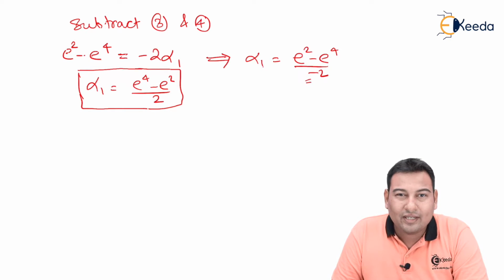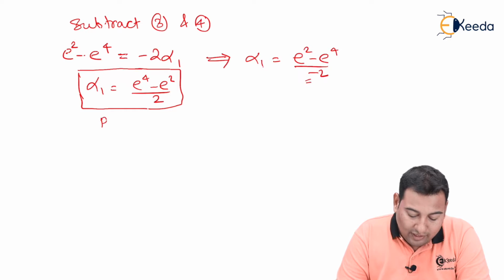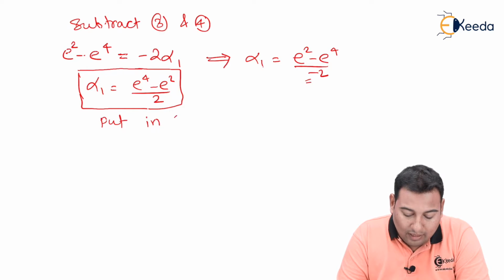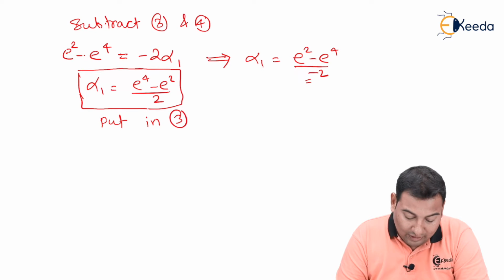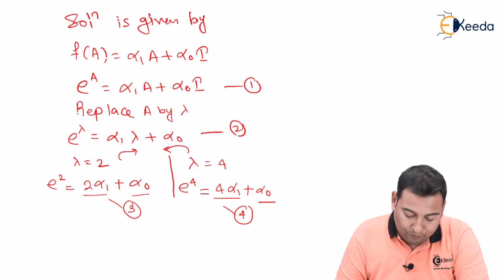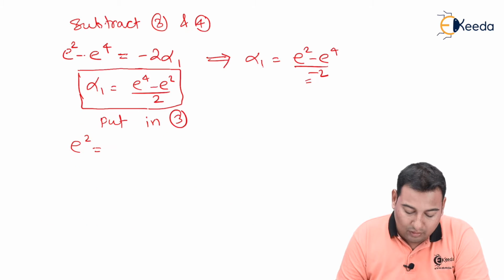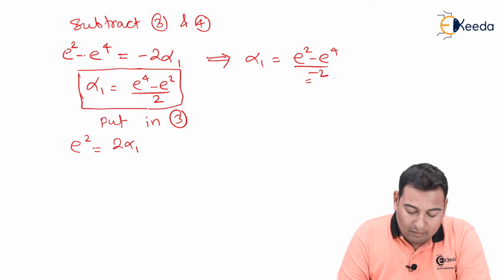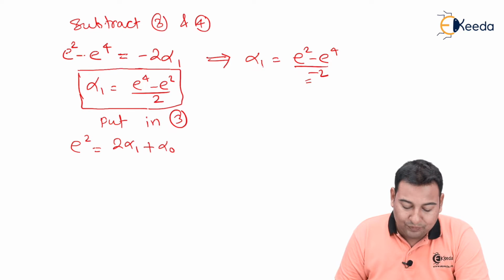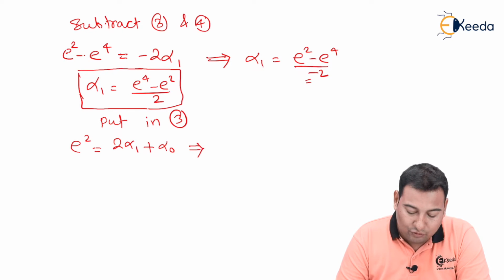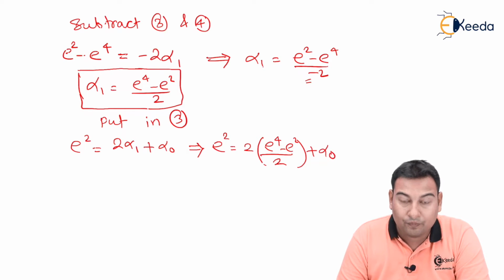Now I need to get alpha 0. So I can put in equation number 3 or 4. I am choosing equation number 3. So that is e squared is equal to 2 alpha 1 plus alpha 0. Let us put alpha 1 here. So that will be 2 times alpha 1, where alpha 1 is (e raised to 4 minus e squared) upon 2, plus alpha 0.